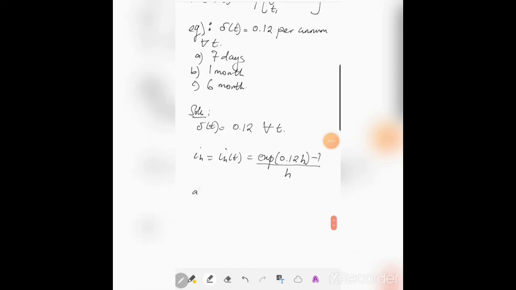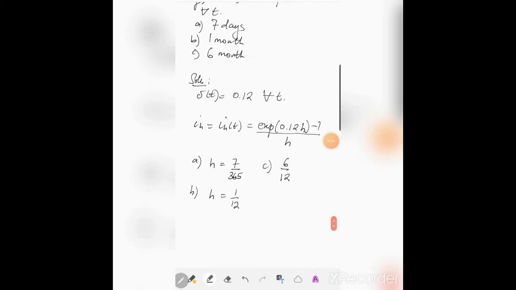In the first part we are saying, for 7 days, so h is equal to 7 over 365. For B, we have h is equal to 1 over 12, and for C, h is 6 over 12. So from here, it's very simple to now obtain the nominal rates of interest.